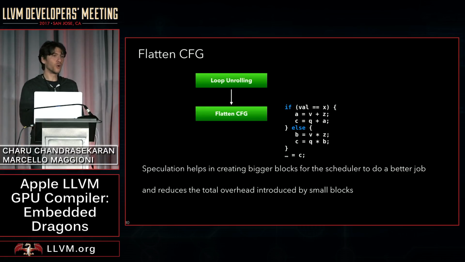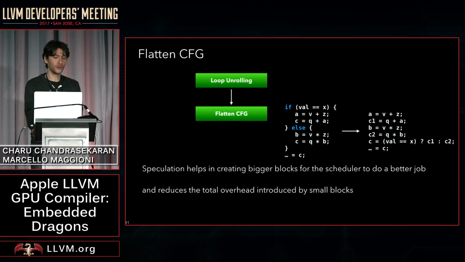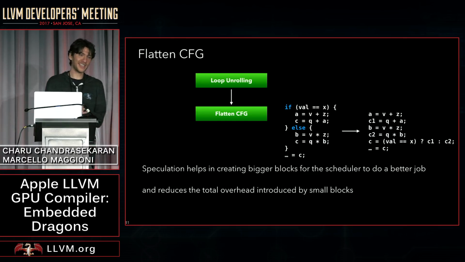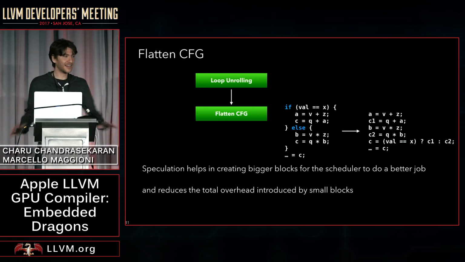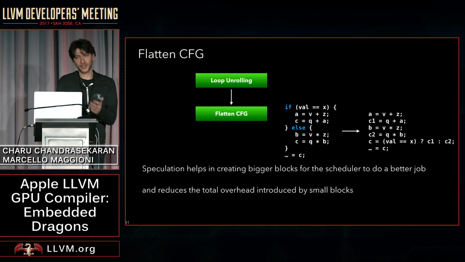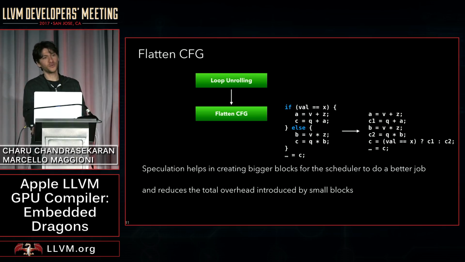Also, small blocks hinder the scheduler's work, so we prefer to merge them into the code on the right, where we are speculating code and then selecting between the results. But our bet is that the better scheduler behavior and the reduced amount of overhead improves the performance.